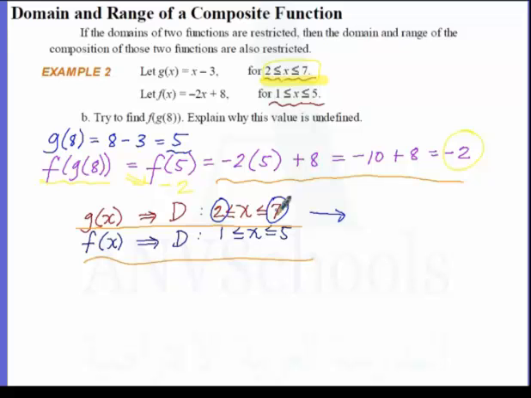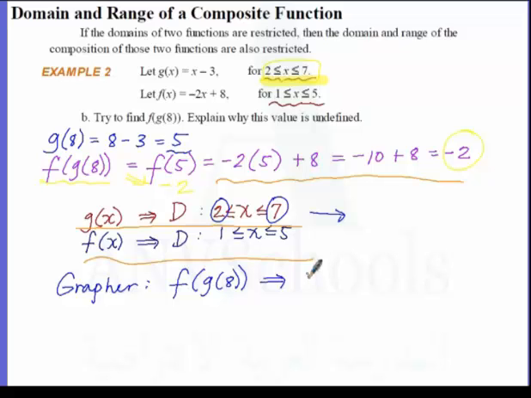Therefore, this is undefined. If you look at your grapher, okay? Your grapher would say that for the value f of g of 8, with the domain restriction x between and equivalent to 2 and 7 for g, and for f of x a domain of x between and equivalent to 1 and 5, we have our f of g of 8.